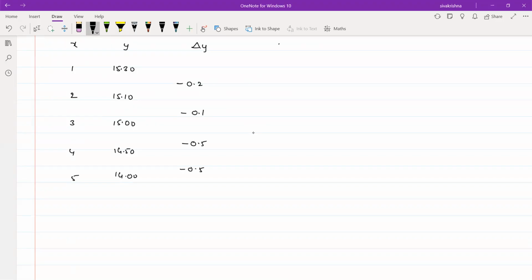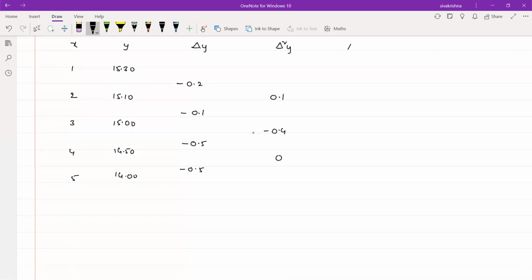Coming to the second differences, delta square y, once again we have to subtract. Minus 0.1 minus of minus 0.2, that is plus 0.2, gives 0.1. Next, minus 0.5 plus 0.1 gives minus 0.4. And minus 0.5 plus 0.5 gives 0.